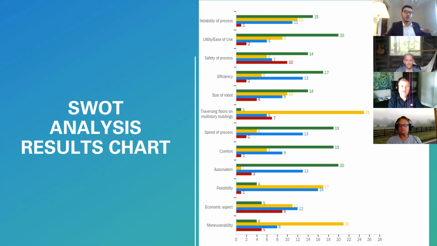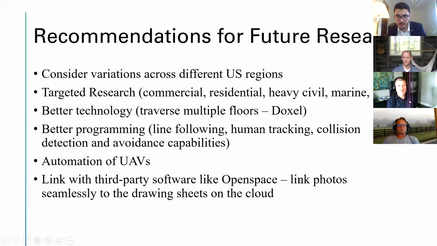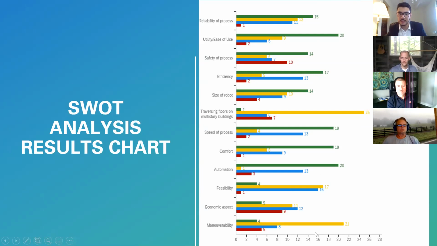That's why it can actually traverse steps and go upstairs, as compared to the wheels that our robot had. And after that weakness, the biggest weakness that we saw was this last aspect right here.